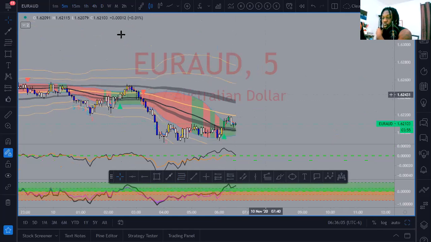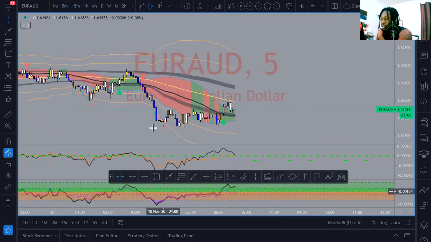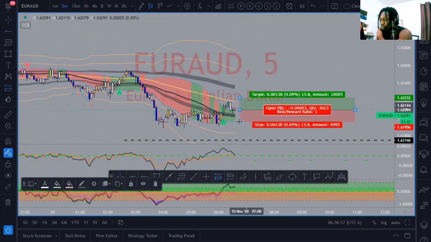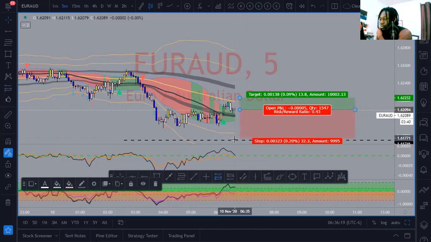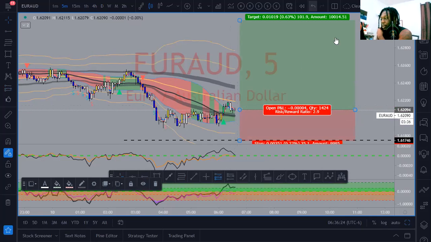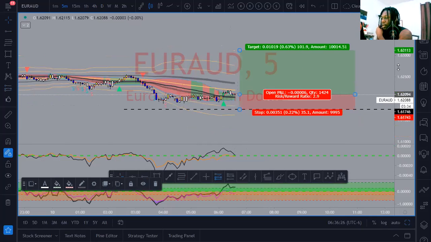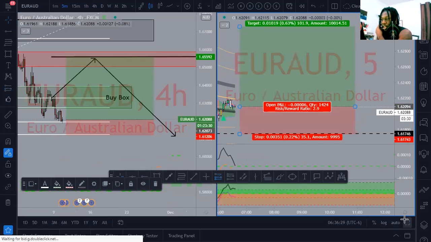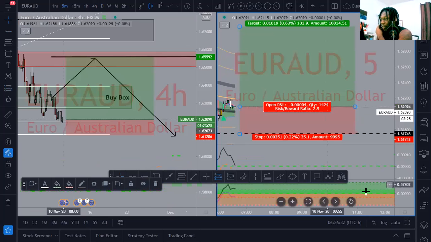So, I mean, if you want a smaller stop loss, then I would suggest probably putting your stop loss like down here. So then your risk to reward setup kind of looks like this. And then whatever the pips is, it'll be a huge move because your take profit is at 1.65592.